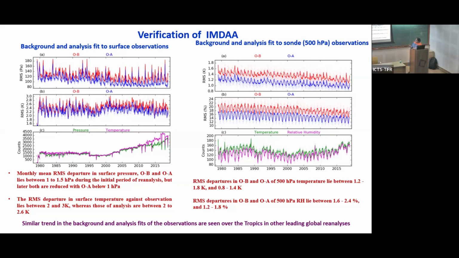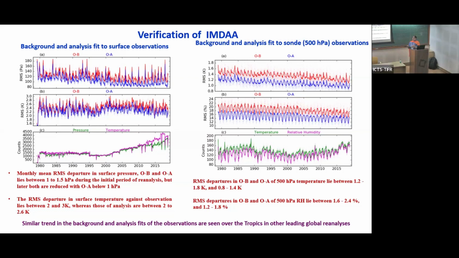And here also you can see that we didn't see much change, and here O minus B and O minus A. So for a good assimilation system, what we expect is our O minus A should always be less than O minus B. Because O minus B is the innovation in the background, that is observation minus background. And analysis means after assimilating observations, we are getting a better initial condition.